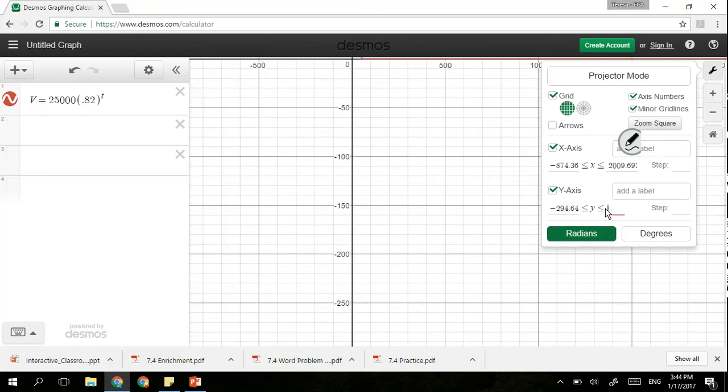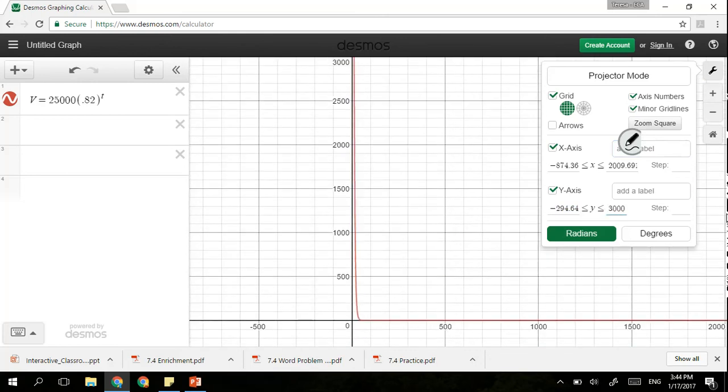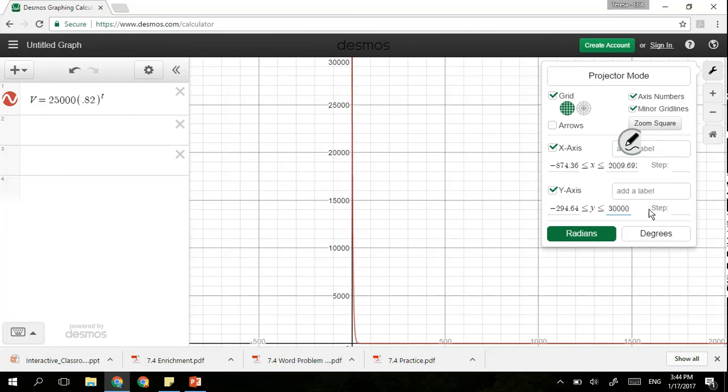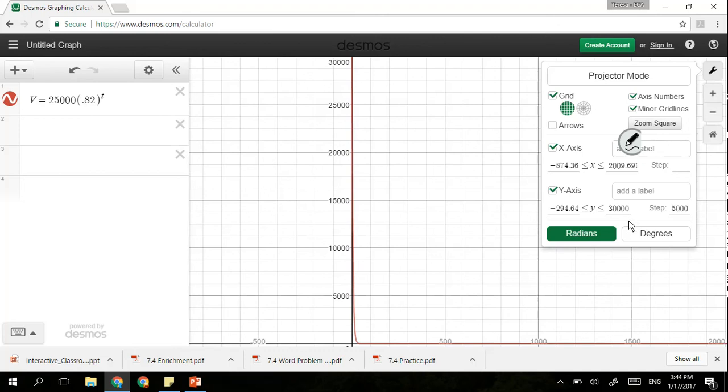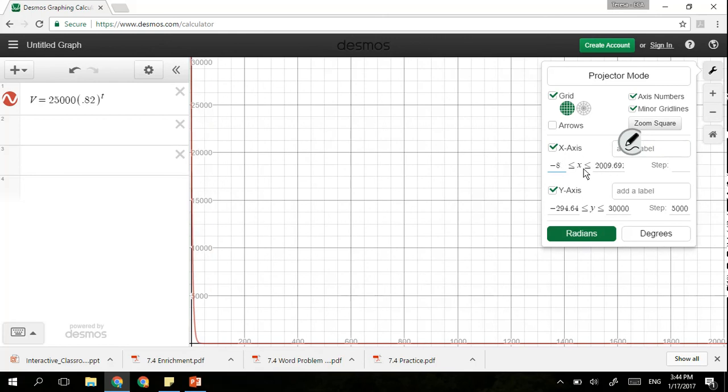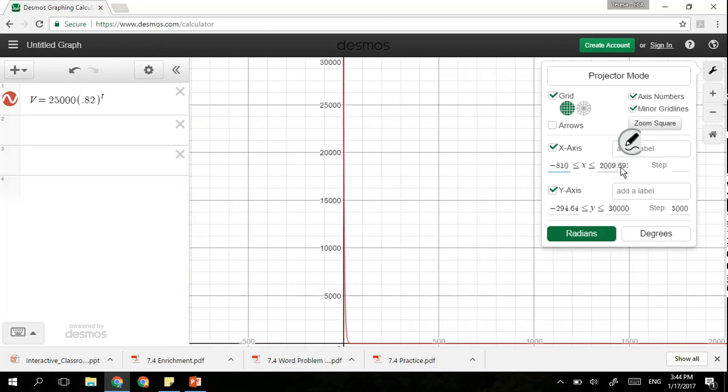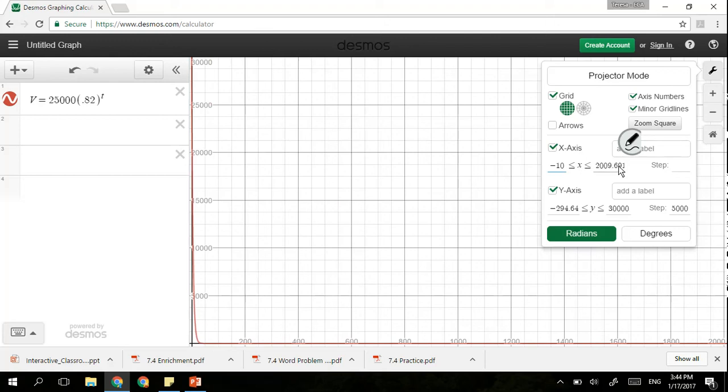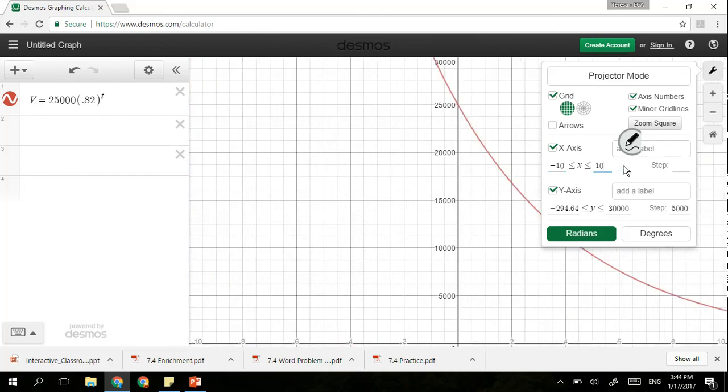So maybe we'll do 30,000 with a step of 5,000. And then for the x, we don't have to be as big. We can do maybe from -10 to 10. And now that looks more like the graph that we were seeing before.